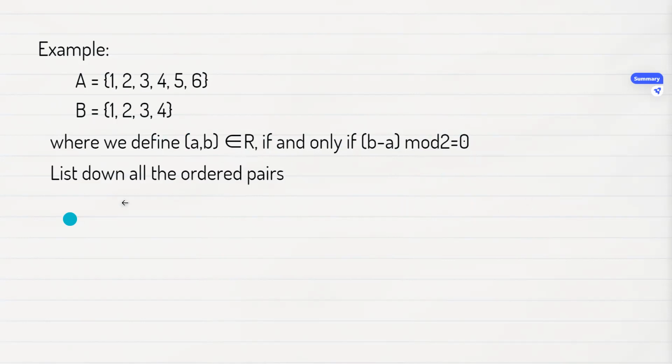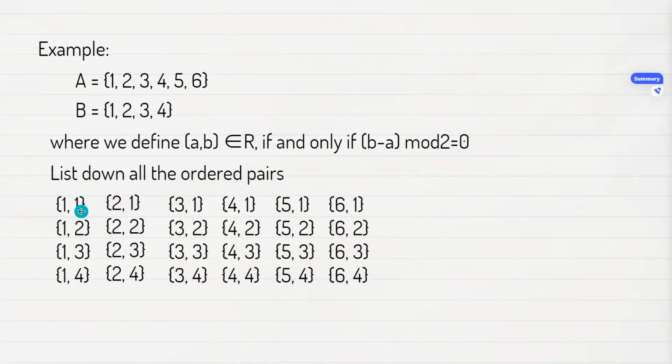Now, first we must list down all of the ordered pairs, from 1 and 1 until we no longer have anything to cross over from both sets, which gives us the job to determine whether or not these ordered pairs, when deducted and divided by 2, will leave us with no remainder.